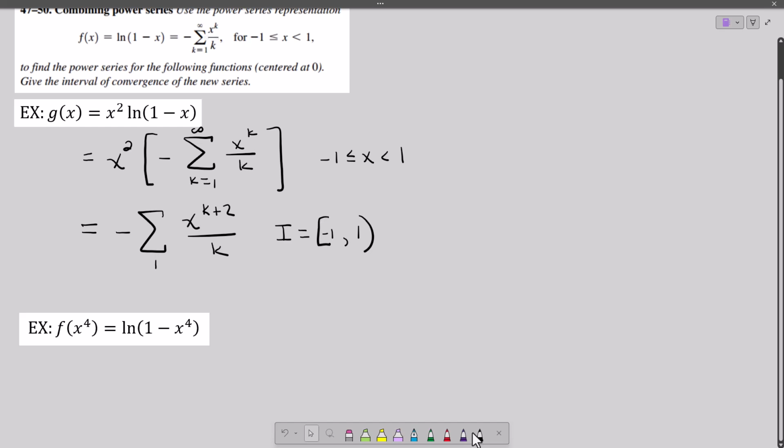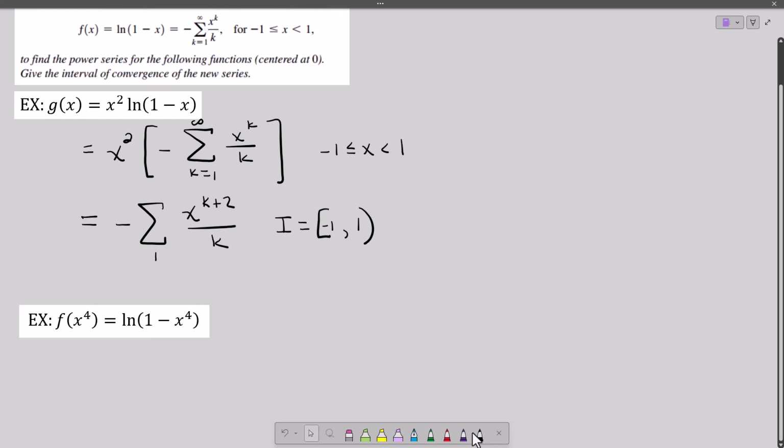All right, now we're going to do the substitution one again. So this new function was obtained from the original function by substituting x to the 4th in for x. So for the power series, we're going to do the same thing.